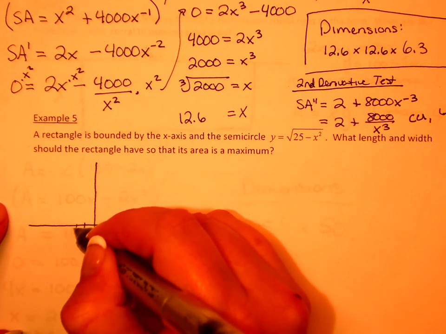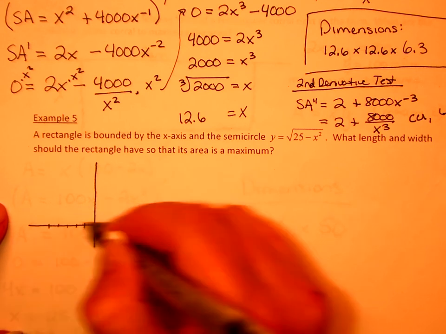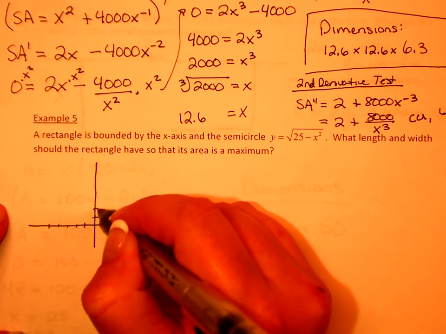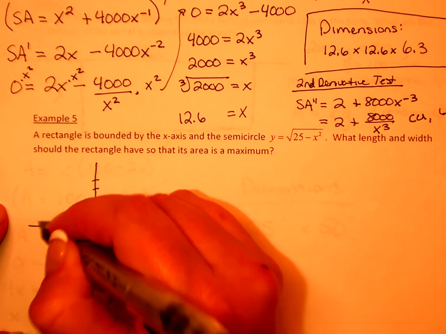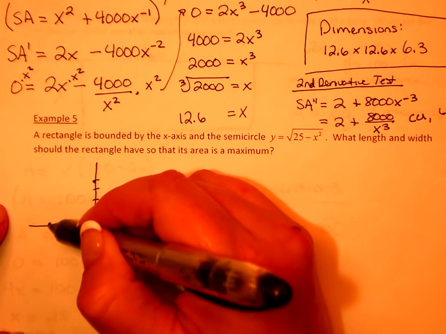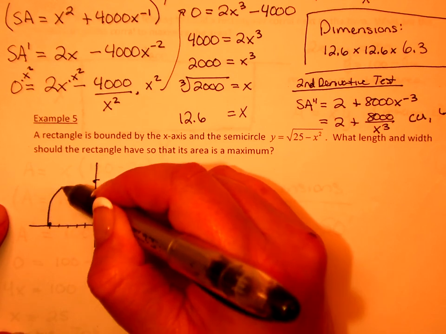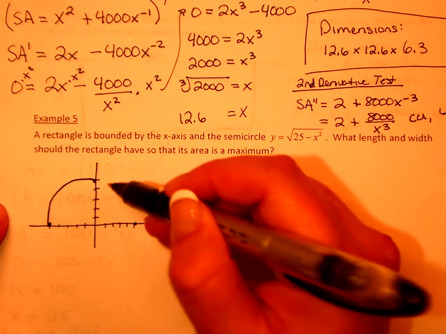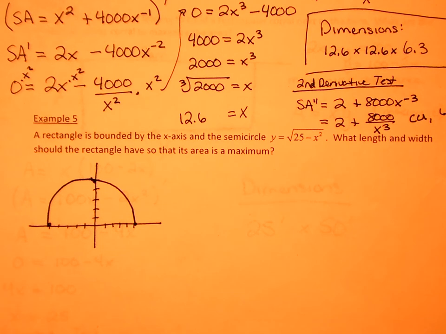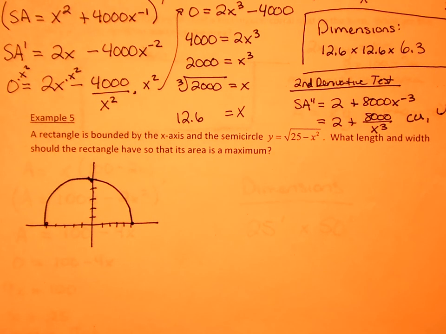So I'm going to go 5, 5, 5. And I'm going to draw the best semicircle I can muster. All right, here's my semicircle. It's kind of lopsided, sorry.